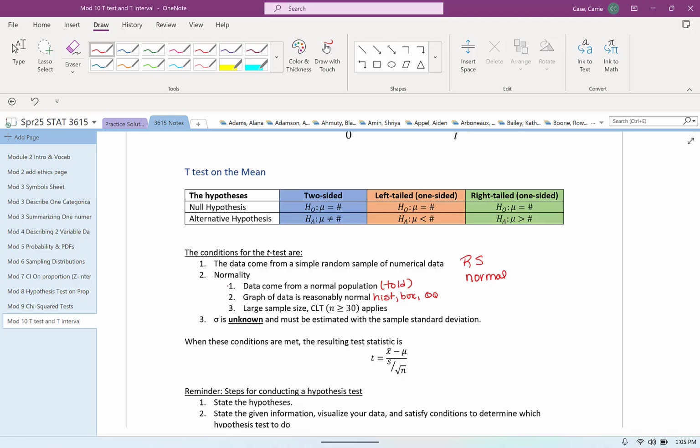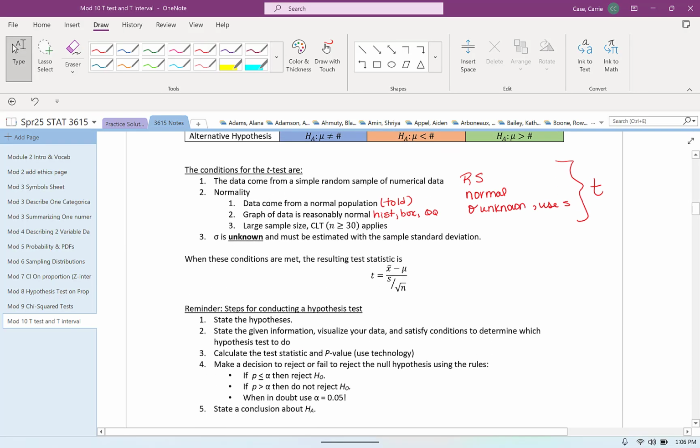And then the last one is that because sigma is unknown, we estimate it with S. So we say sigma is unknown, and we're going to use S instead. This is technically not a condition of the test, but I find that it helps students to think through this. And if we have those 3 conditions, we use a t-distribution.